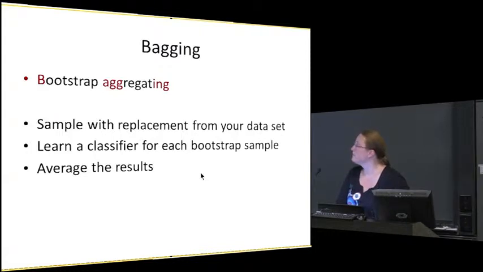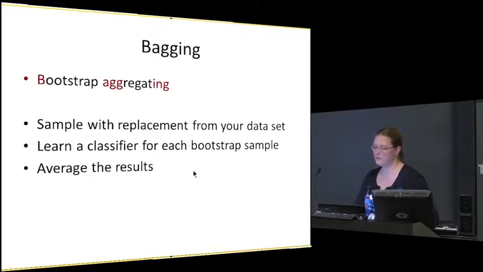Built upon this Bootstrap idea is the first ensemble method we're going to talk about. It's called bagging. This is from Leo Breiman, and he was really great at building terms and creating these buzzwords. Bagging stands for bootstrap aggregating. You sample with replacement from your data set.